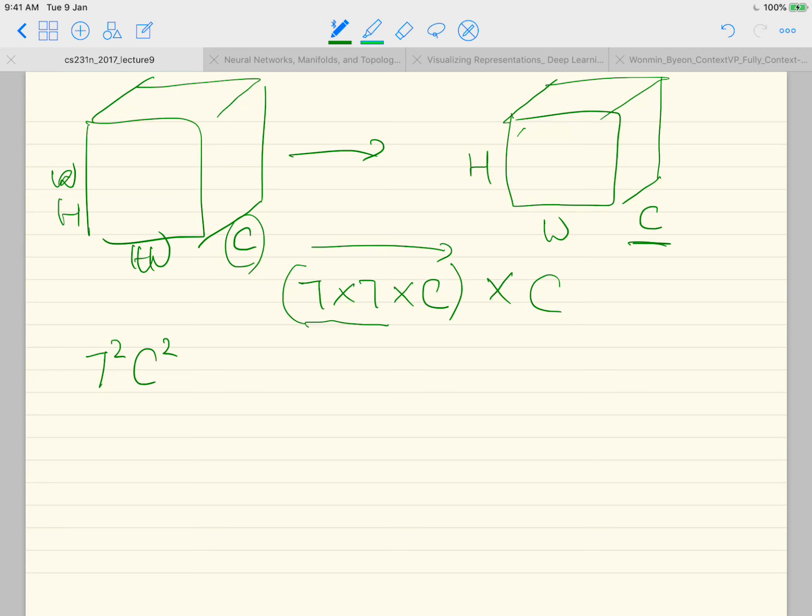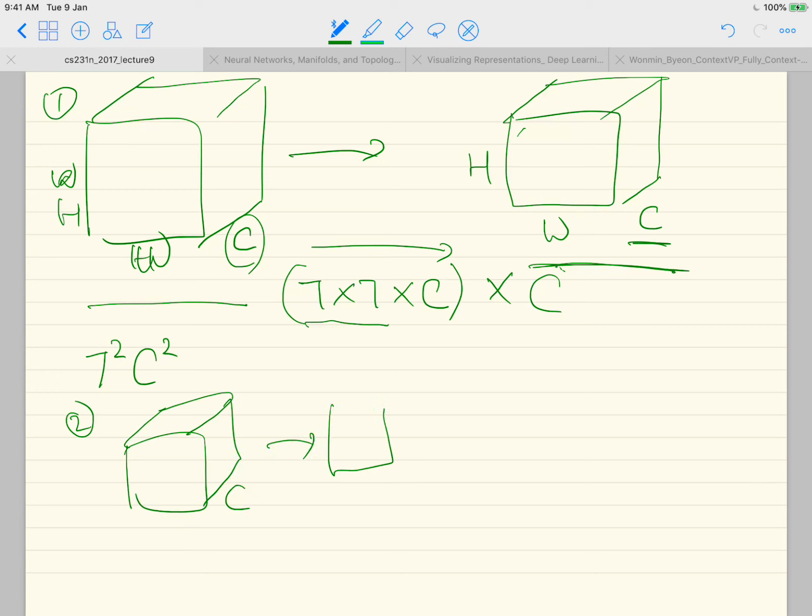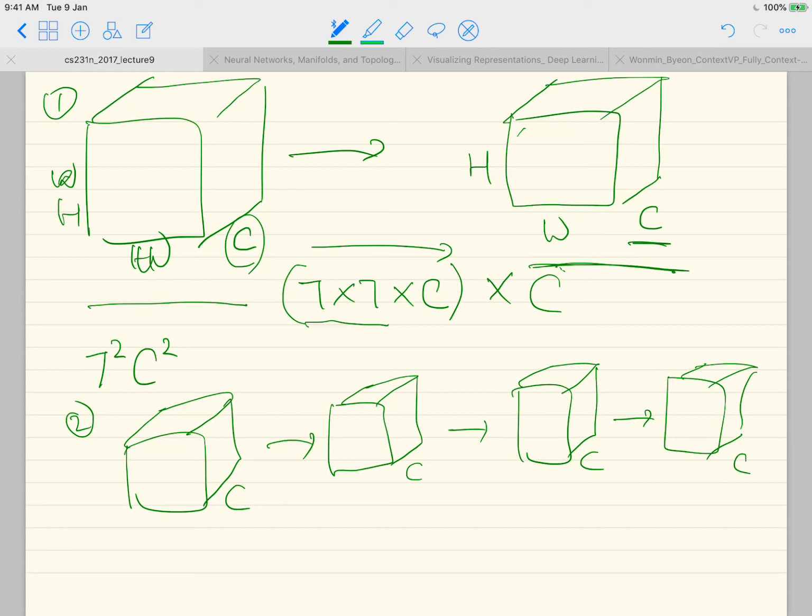Okay, so this is the first situation, and the second situation is we stack 3 layers, right? The input is this size, and the output has this size, and we have the freedom to change our channels in the intermediate layers, but let's assume that this is C, and the next activation map also has C, and also C and C. So we consider this situation of stacking 3 layers of 3 by 3 convolution.